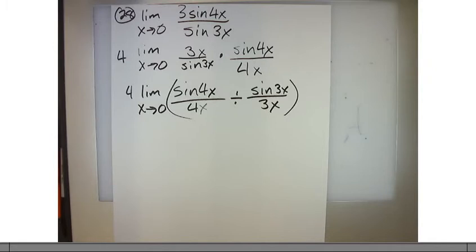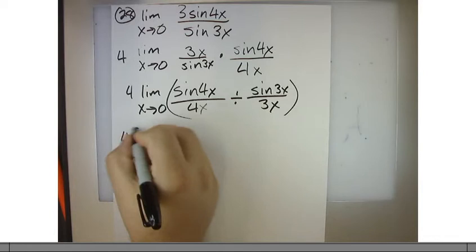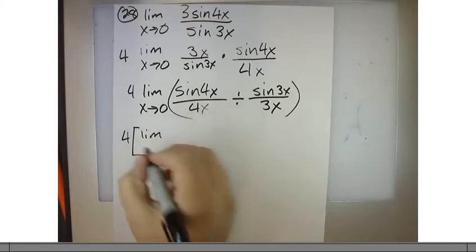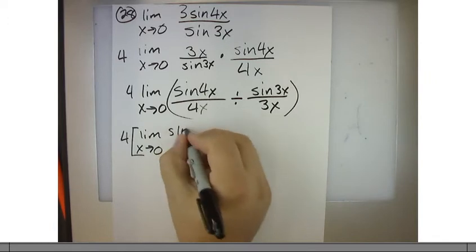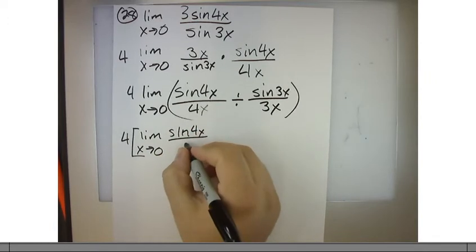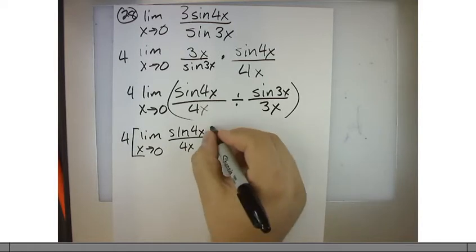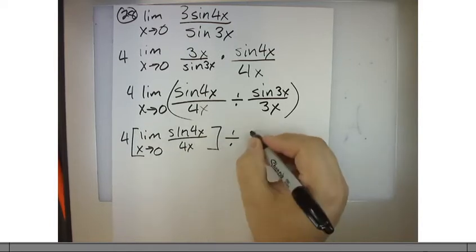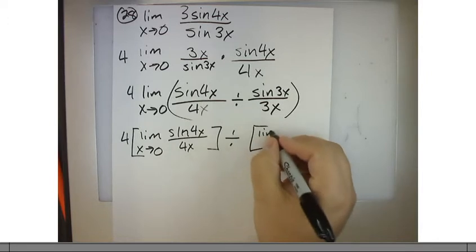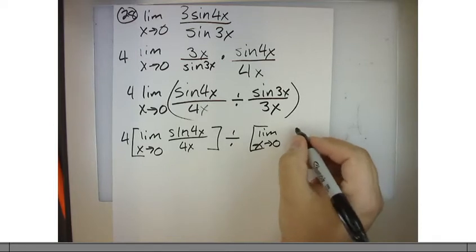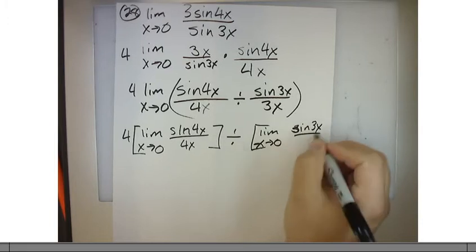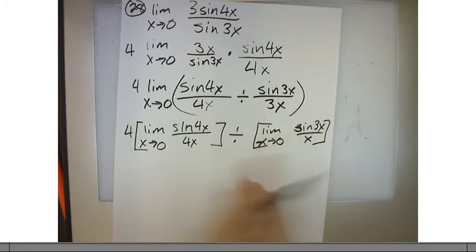Well, because what I could do is say 4 times the limit as x approaches 0 of sine of 4x over 4x, divided by the limit of the function as x approaches 0 of sine of 3x over x. Couldn't I do that using the properties of limits?